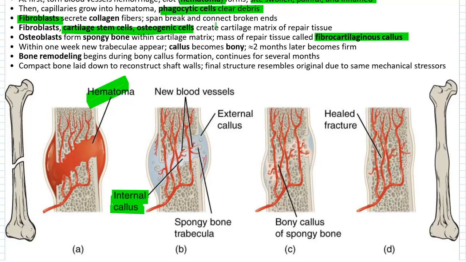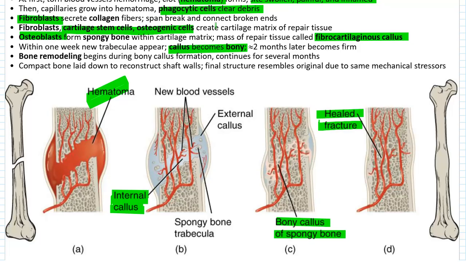Eventually, osteoblasts start replacing that callus, forming a bony callus, which consists of spongy bone, due to osteoblasts. Okay? And eventually, that bony callus is remodeled, and your fracture is healed. Now, a very common question is, what determines why your bone is the same shape?